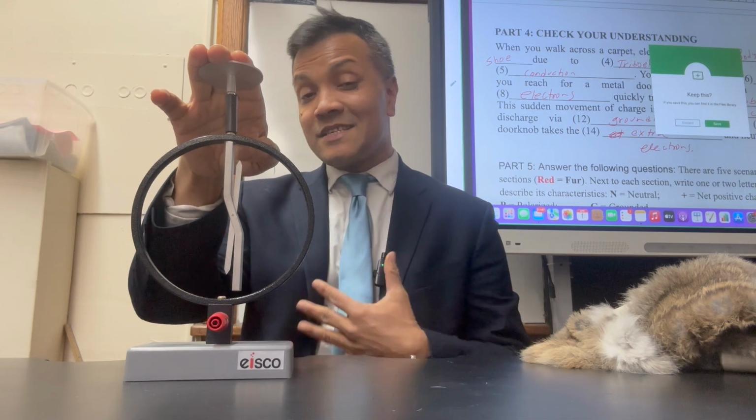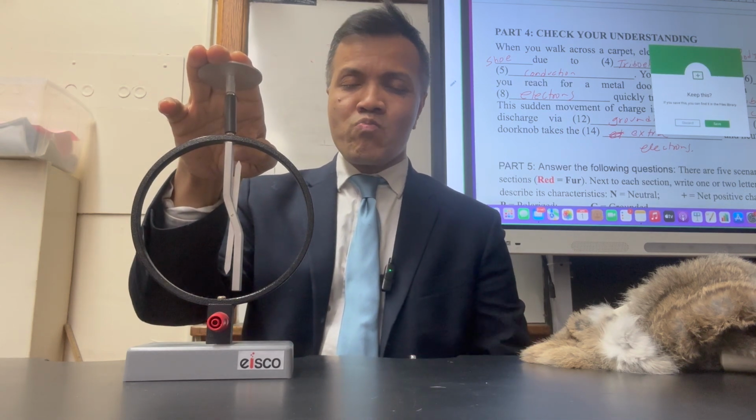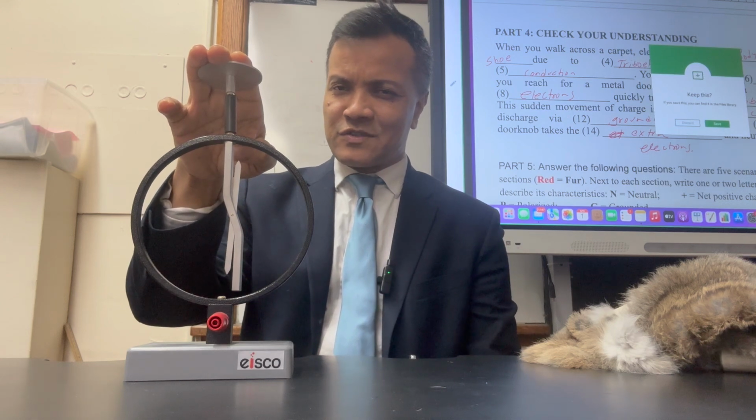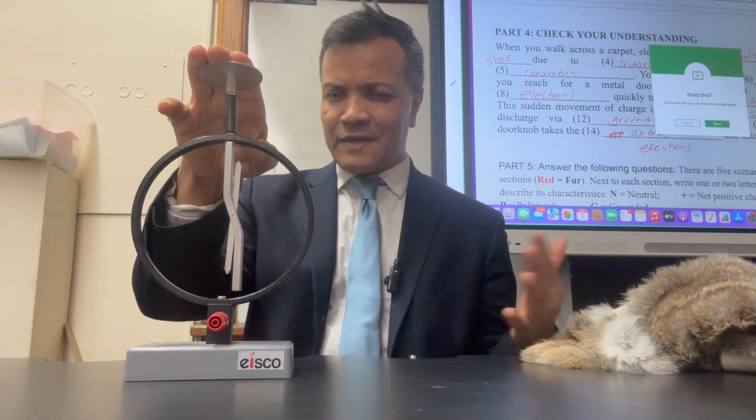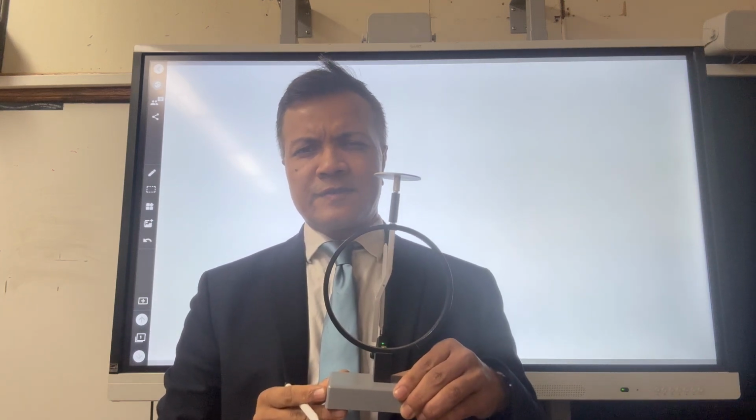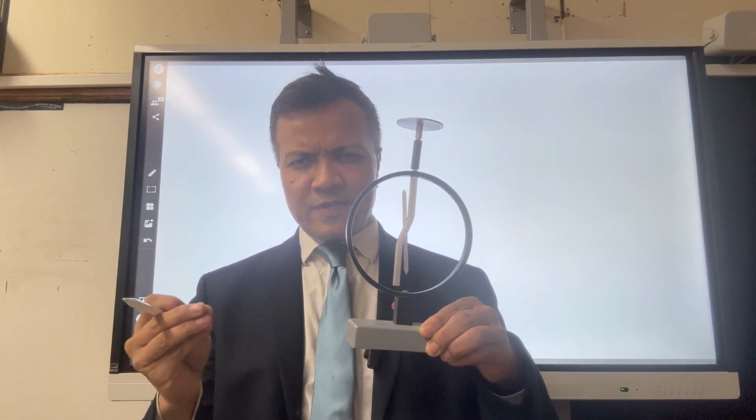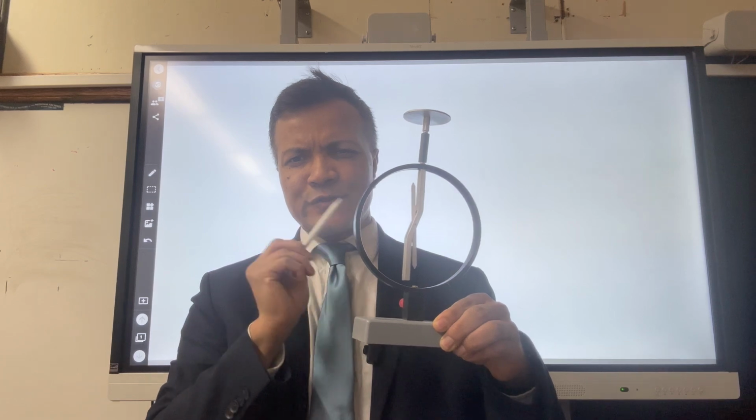Myself is also neutral because I did not store any extra electrons. The ground sucks up all the electrons. Ground works as a reservoir. Okay, great. Let's say this electroscope has 0 extra electrons. Why is that? Because 4 protons, 4 electrons.